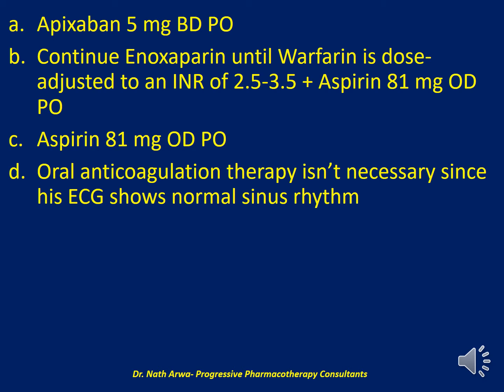Or would you choose to send him home on aspirin monotherapy at a dose of 81 milligrams orally once daily? Or do you think oral anticoagulation therapy isn't necessary since his EKG shows normal sinus rhythm? I'll give you 10 seconds to choose the correct answer.